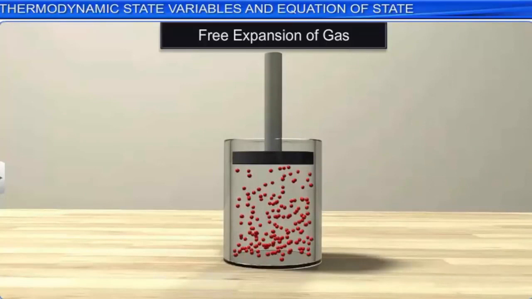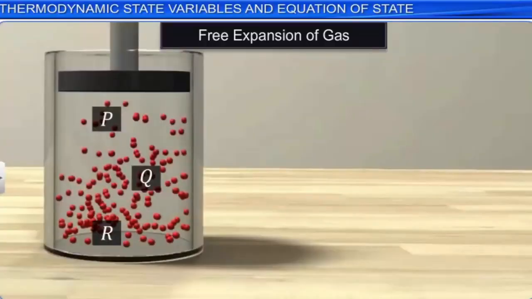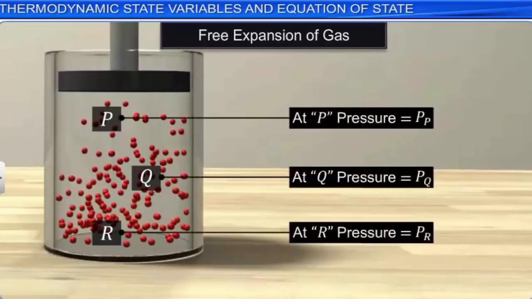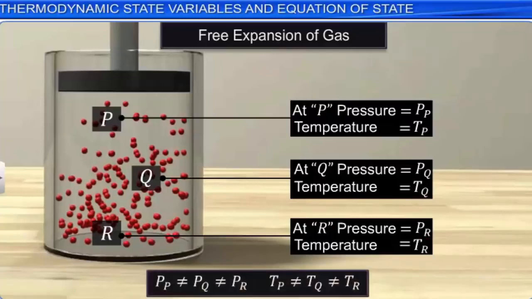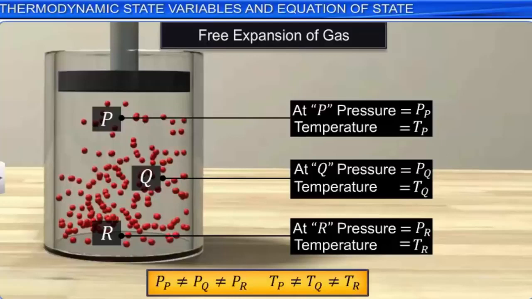If P, Q and R are 3 points in the system, and at these points the pressures are Pp, PQ and PR, and the temperatures are Tp, Tq and Tr, then Pp is not equal to PQ, not equal to PR, and Tp is not equal to Tq, not equal to Tr.